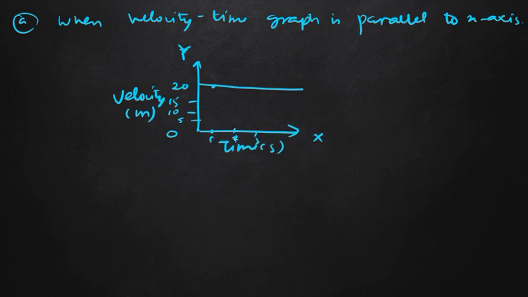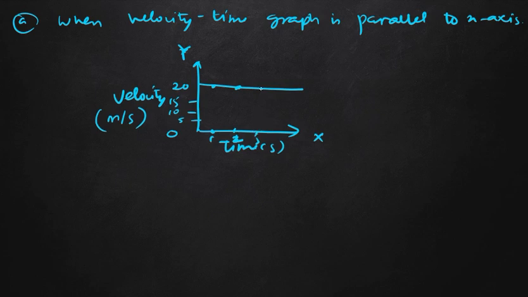At time 1 second, the velocity was 20. Velocity is not in meters, it is in meters per second. So when time was 1 second, the velocity was 20 meters per second, and at 2 seconds, the velocity was again 20 meters per second.